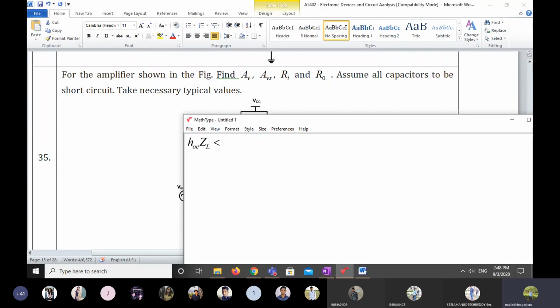If it is less than 0.1, that is simplified. Less than or equal to also, you can take it as simplified model. If HOE ZL is greater than 0.1, that is exact model.